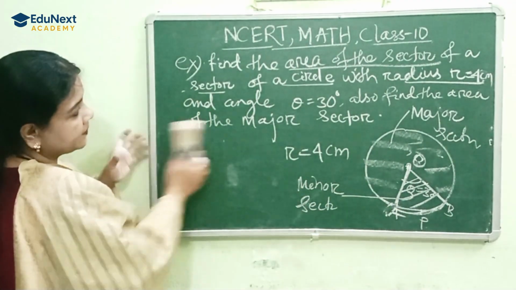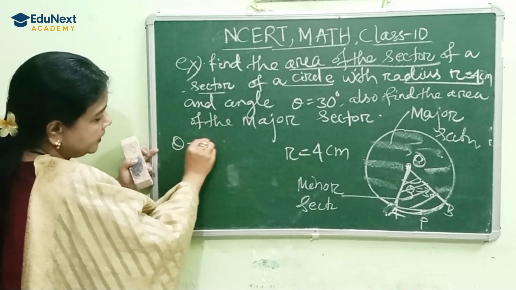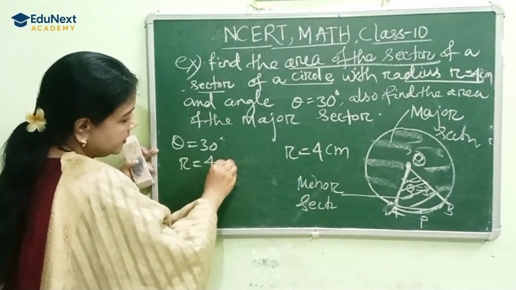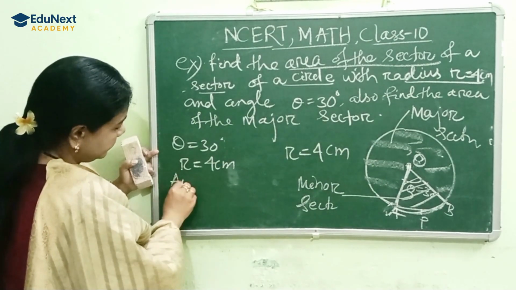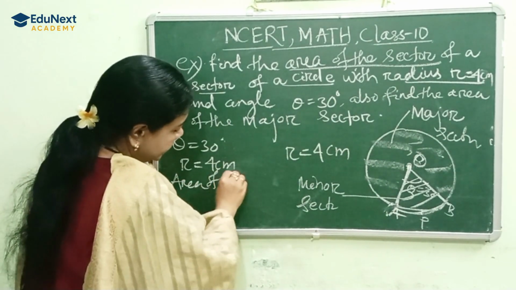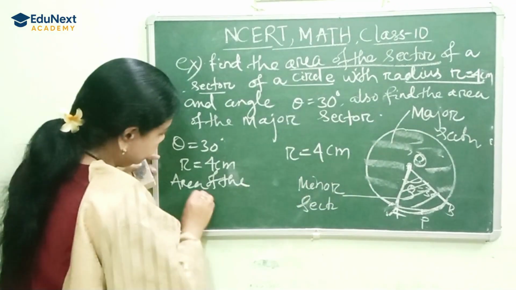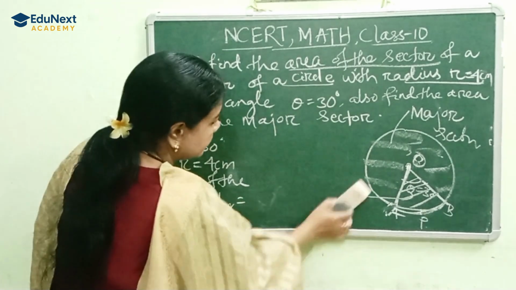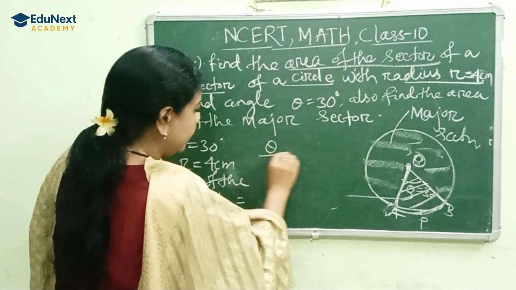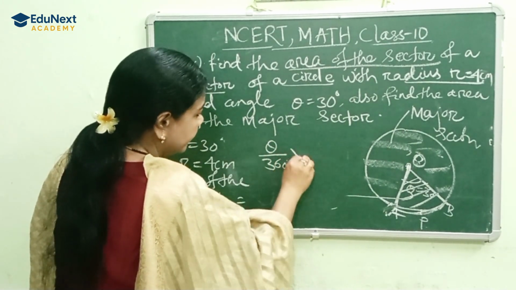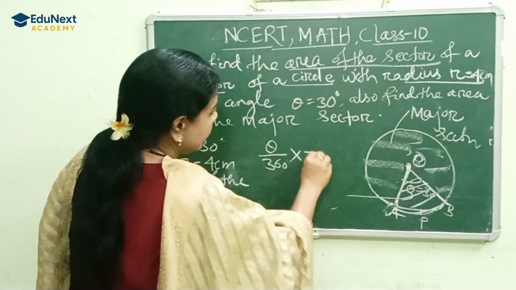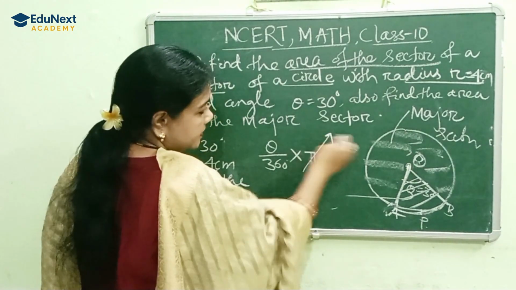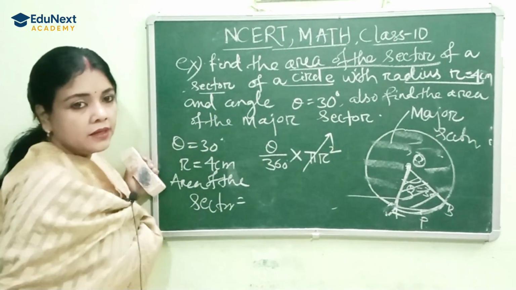As theta is given 30 degree and radius is given 4 cm, the area of this minor sector is equal to theta by 360 degree into pi r square. This pi r square is the area of the whole circle.